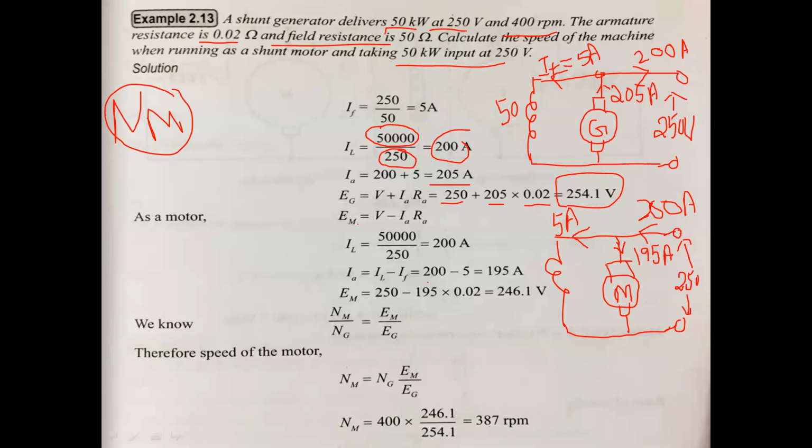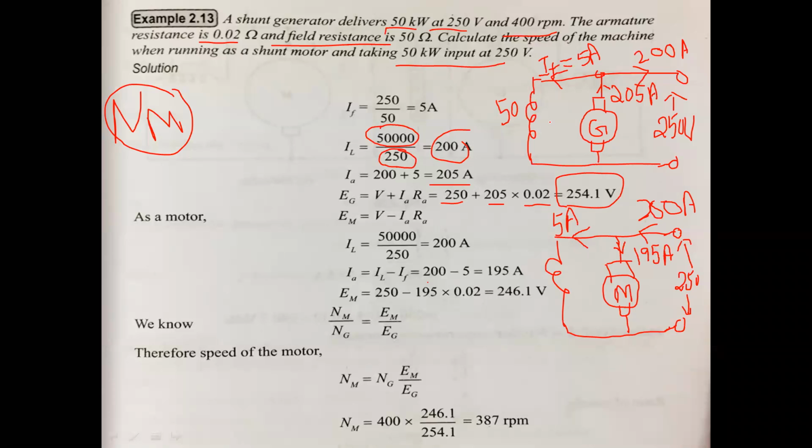Now in case of the motor, the motor takes power while the generator delivers power. So the motor takes the same 200 amperes of current, because load current is equal to power by voltage, and the power is the same. The shunt field current direction is the same in the two cases, whether it is a generator or a motor.